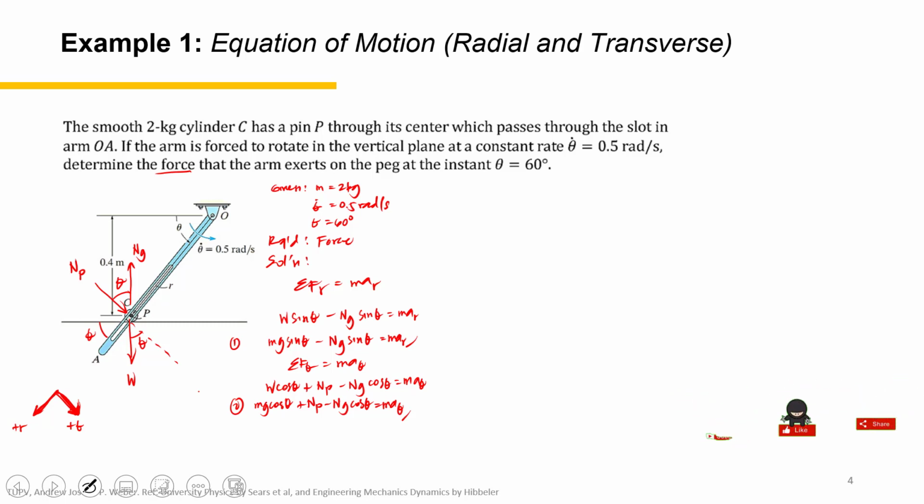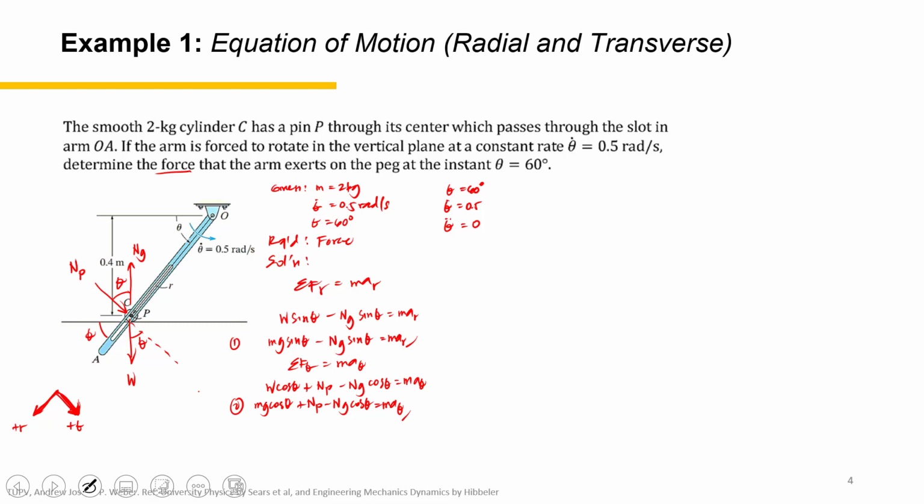So first we have theta, and that is 60 degrees. Theta dot is 0.5, and of course theta double dot is 0 because the derivative of a constant is 0. For the radial distance, let's get that by trigonometric relation.